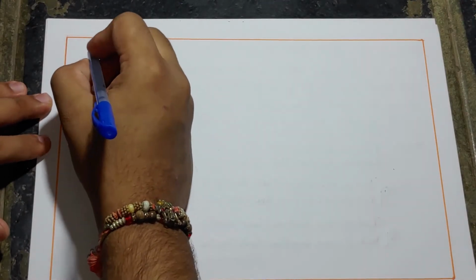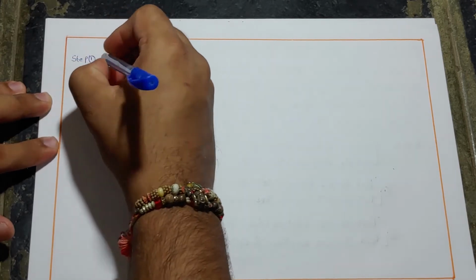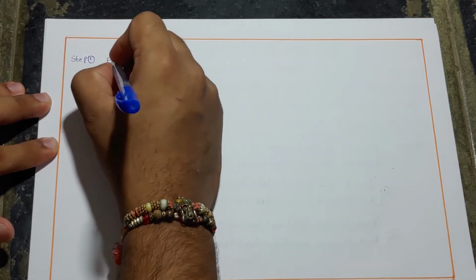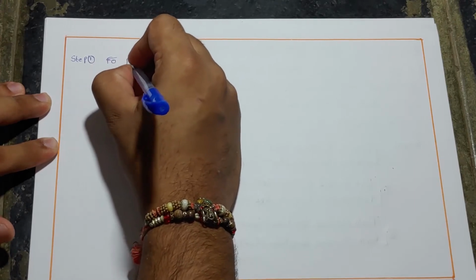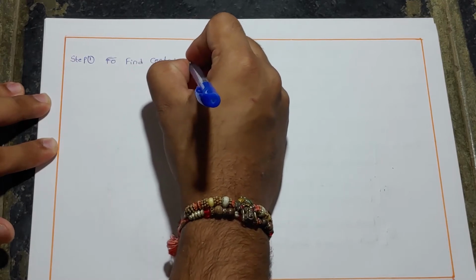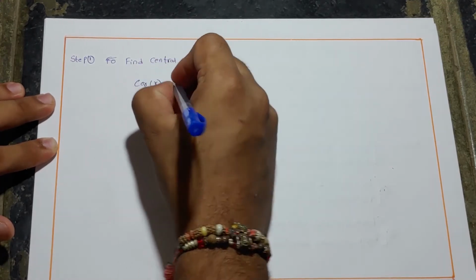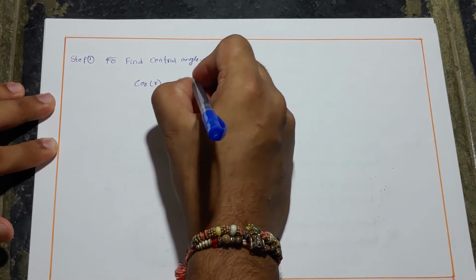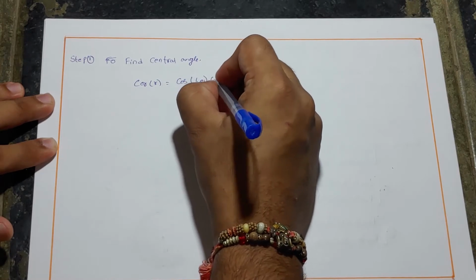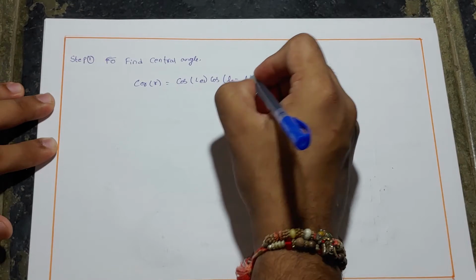We know that the first step is to find the central angle. Central angle: cos R is equal to cos LE, the latitude of earth station 1, times cos of LS minus LE1.